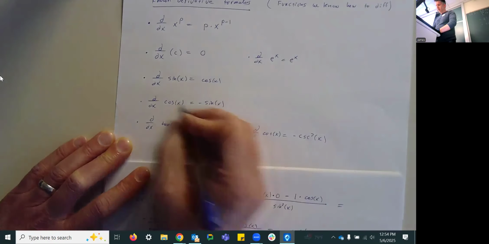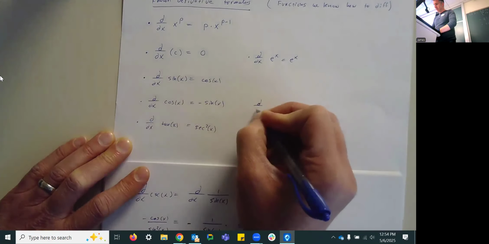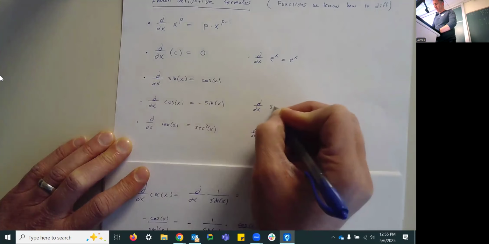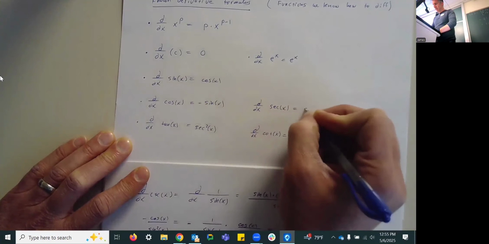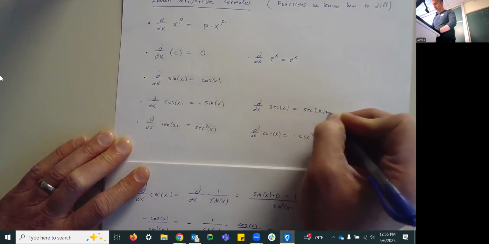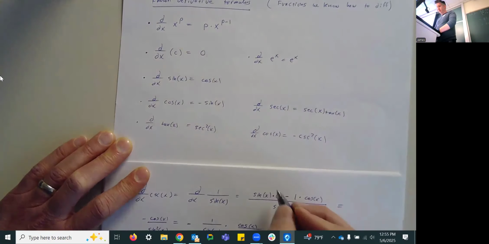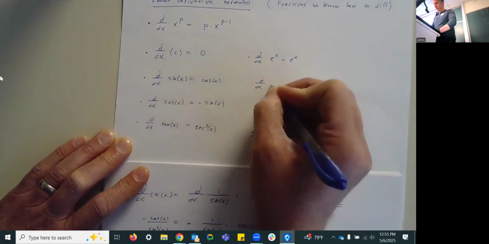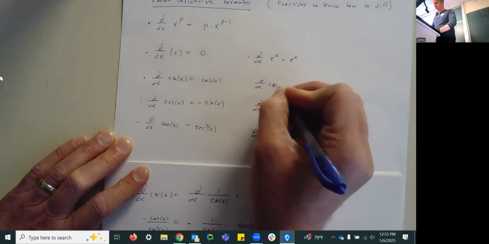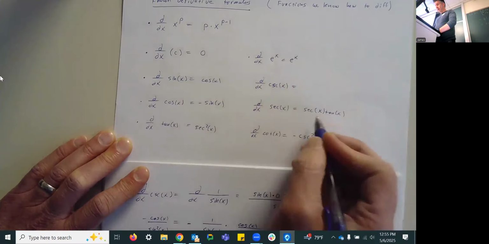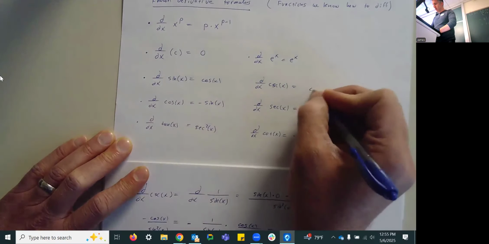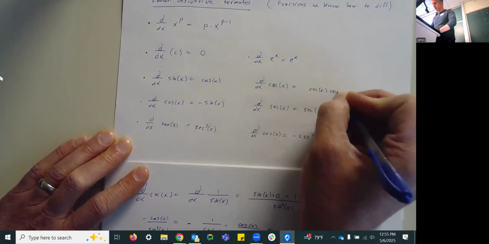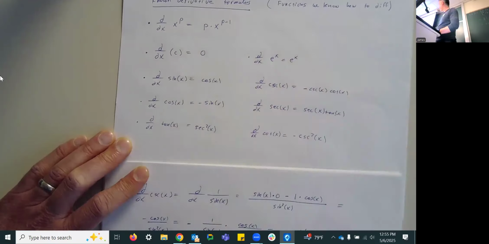And then to the right of cosine, the reciprocal is secant. The derivative of secant of x is secant of x times tangent of x. And finally, to the right of sine, the reciprocal function is cosecant. The derivative of cosecant of x is, it's not secant times tangent, it's cosecant times cotangent with a negative sign in front.